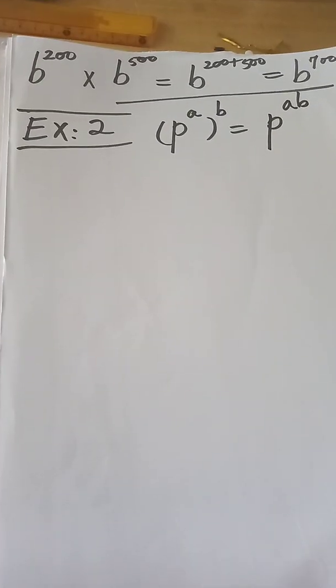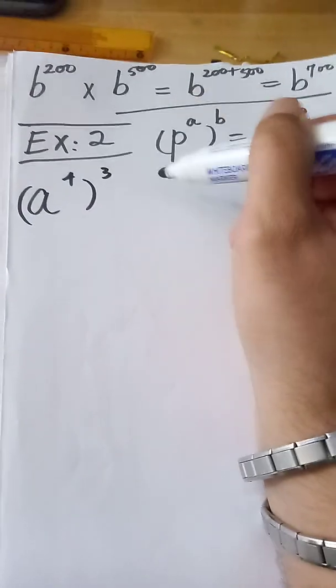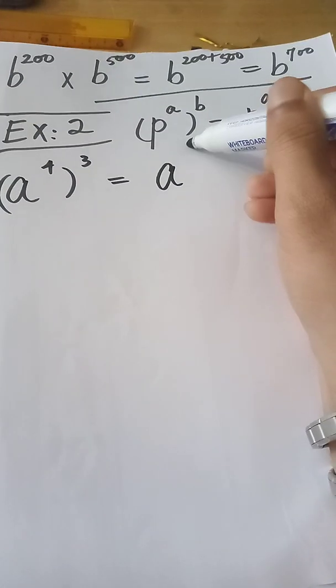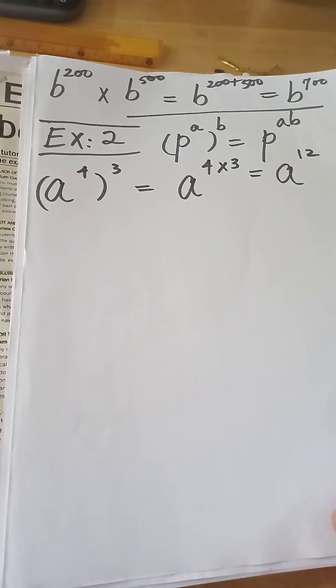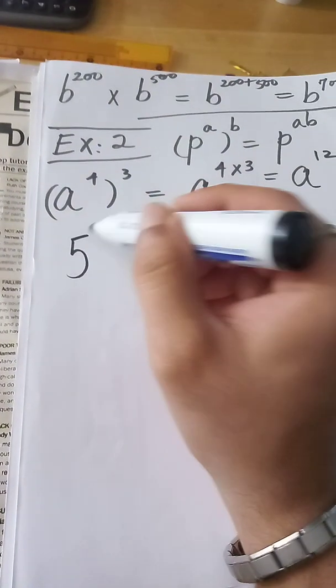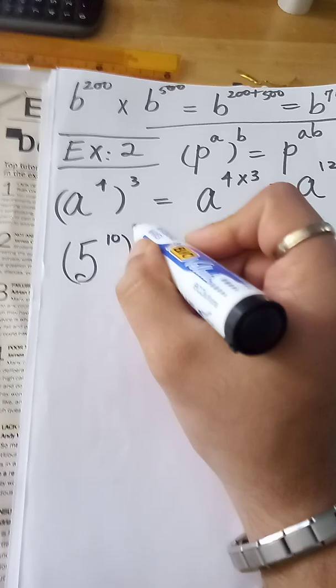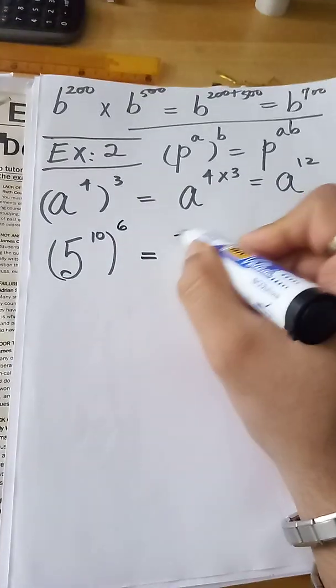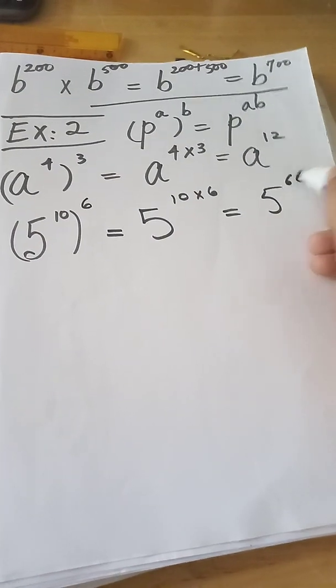The second one would be a to the power 4, whole cubed, and that would be 4 times 3 equals a to the power 12. The next one would be 5 to the power 10, whole to the power 6. It'll be 5 to the power 10 times 6, so it will be 5 to the power 60. So 5 multiplied with itself 60 times.